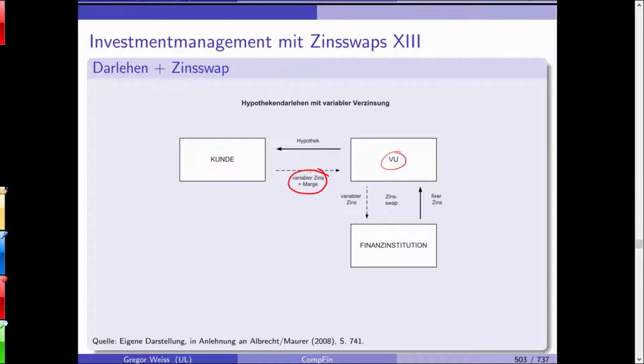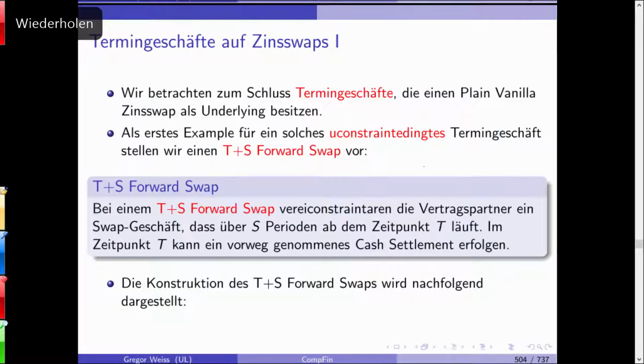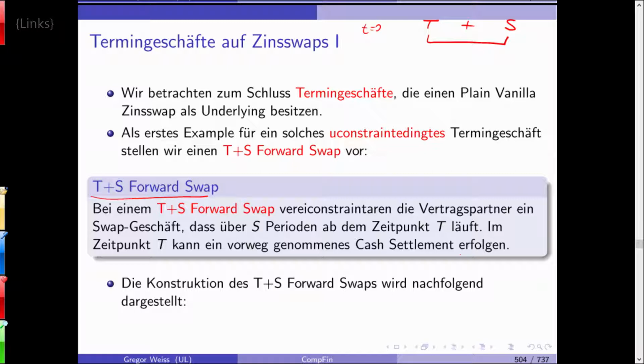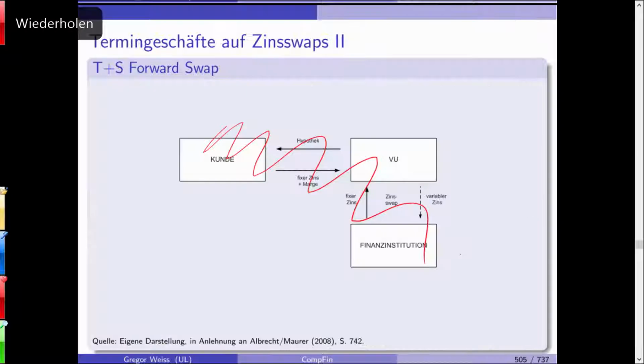You're getting a variable interest rate, and you're paying out the variable interest rate, and you're getting a fixed interest rate. And this, again, we've already talked about. This is a T plus S forward swap. So you are right now here, and the swap contract only starts in capital T, and it runs until capital S, and then this is a T plus S forward swap. And this is, I think, not correct, but it's the same construction as with the interest rate swap. It's just a forward contract. Okay.